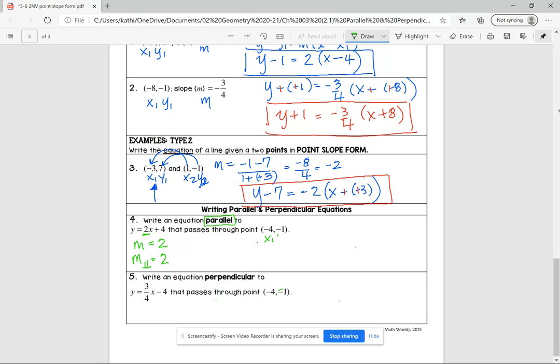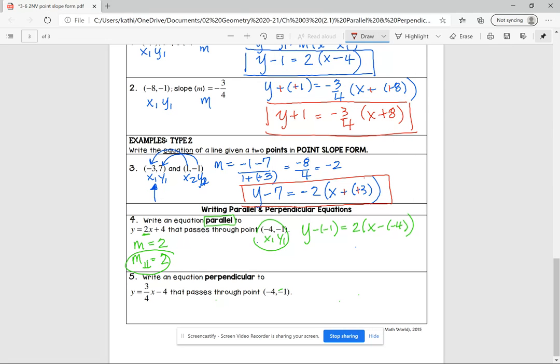So I'm going to substitute into x1, y1. So I'm going to substitute into this point. So I have y minus y1, which is negative 1, equals my slope, 2, times the quantity x minus x1, which is negative 4.